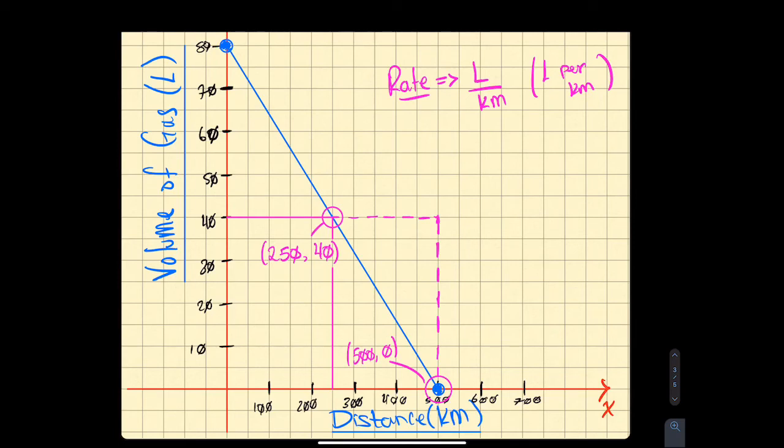So we're taking the amount of liters and dividing by the amount of kilometers. The reason that we're choosing 2 nice points is that it makes our lives easier if we can find 2 points that we can do this division with.